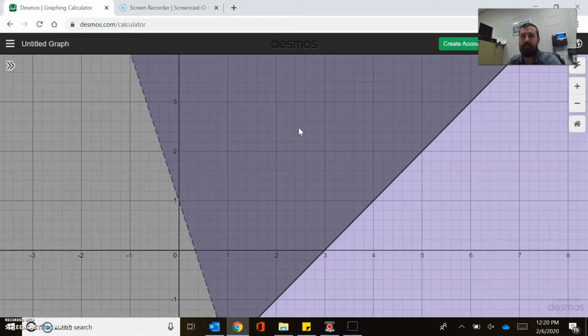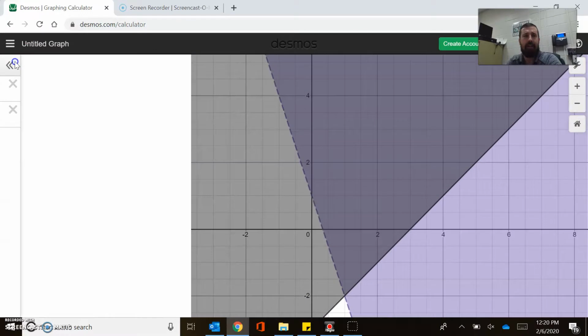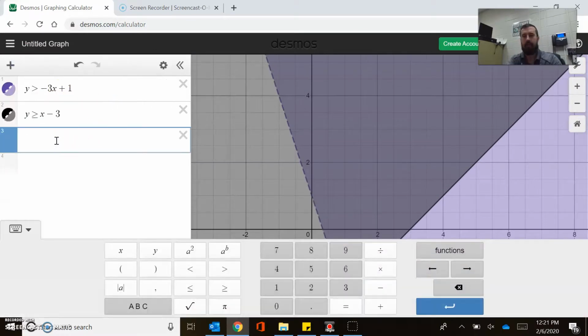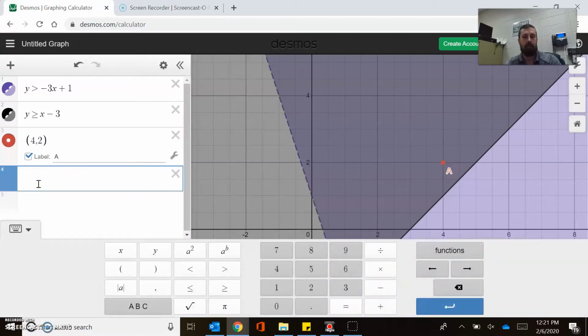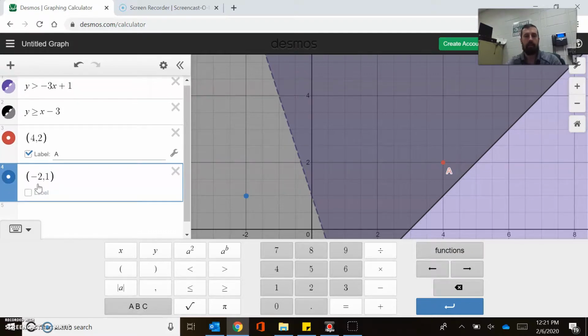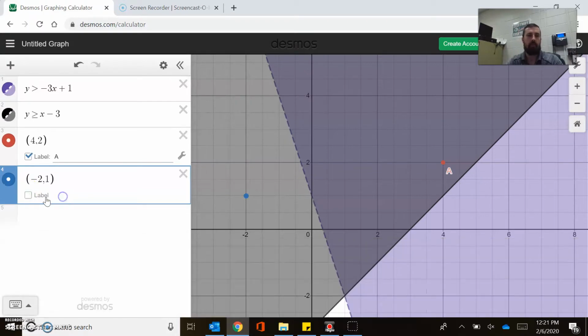Again, that's how you do 25 and 26 on the quiz. They're going to give you the solutions. You just go in and put the solutions in here. So parentheses 4, 2. Look, it pops up right there. I'm going to label it A. I'm going to do another one: parentheses negative 2, 1.